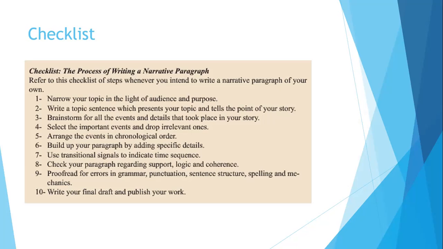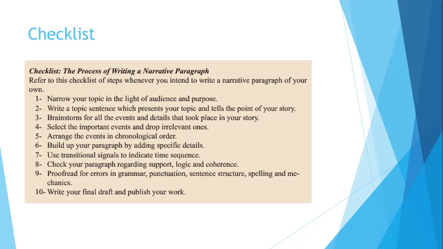Fifth, I arrange the events in the chronological order. What happened first and what happened next. Sixth, I build up my essay by adding the details, the important details, because in the outline, we write the general ideas. In my essay, I write the details and I elaborate. Then I use the correct transitional signals to indicate time sequence and the chronological order of the events.